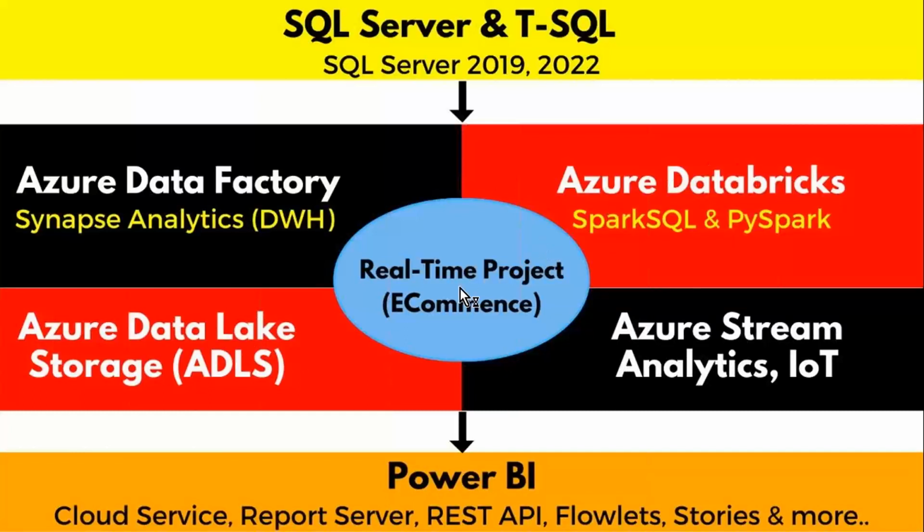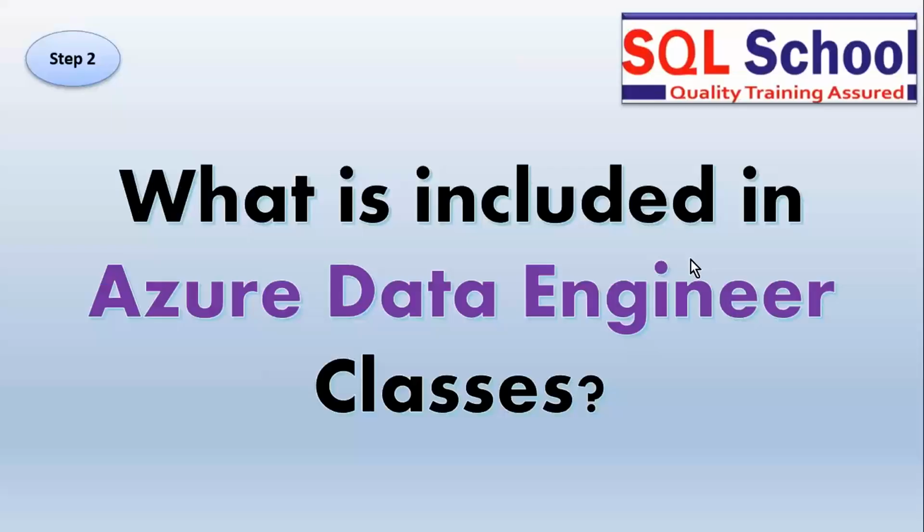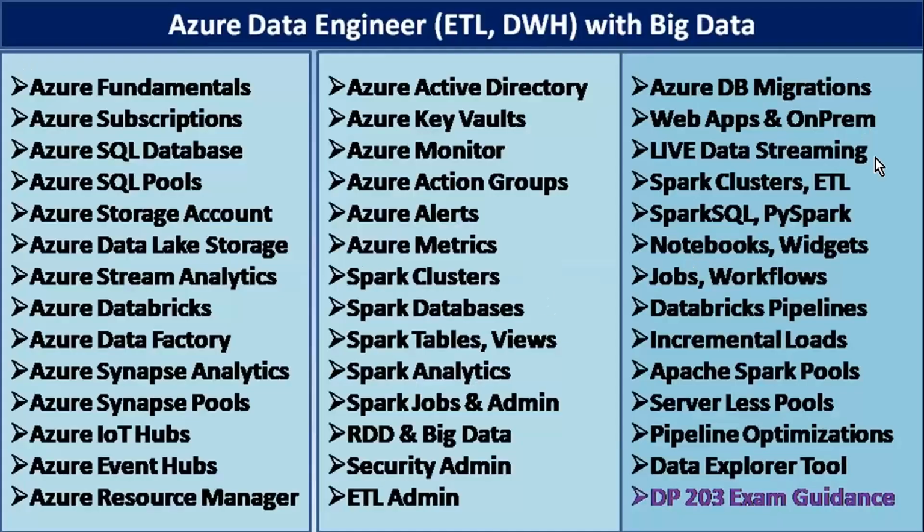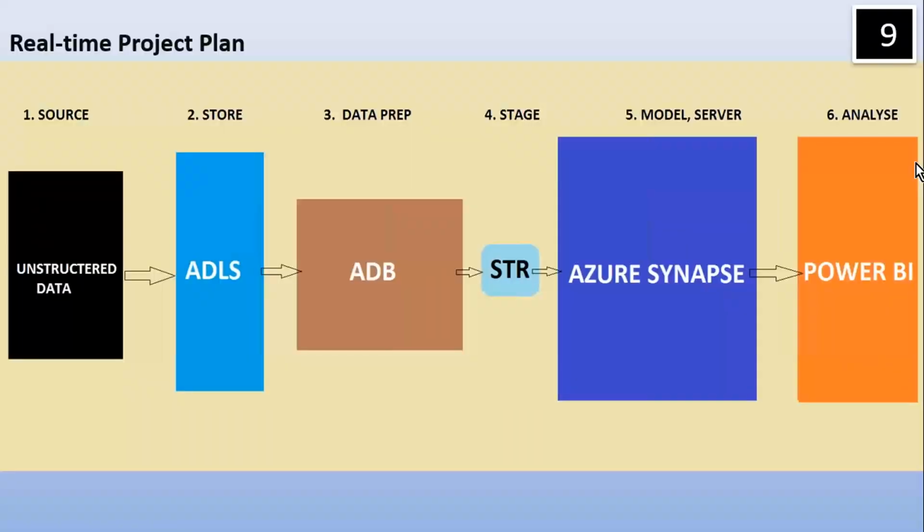After 7 weeks, we have project work, then step into Power BI. So coming to data engineering, I'll provide you the complete course content to get some idea. And our project would be completely end-to-end implementations with unstructured, semi-structured and structured data as well.